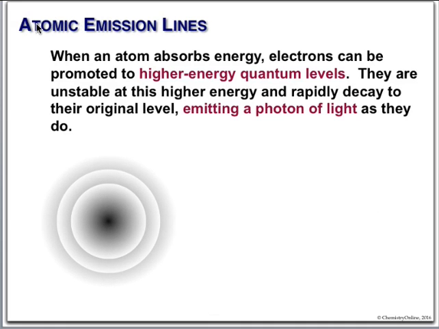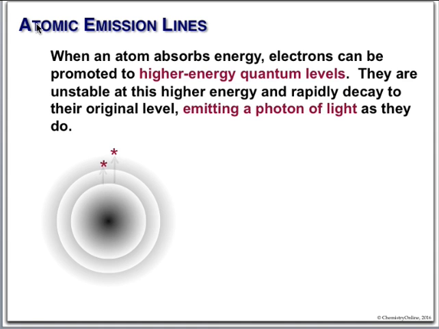You have an atom, and the electrons are in various energy levels. You take this poor little atom, and you shove it into a flame. What happens? Well, these electrons get very excited. And when they do, they go from one energy level to another.